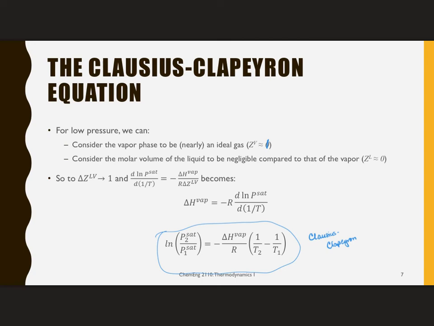I also did one other thing that I didn't mention as I did it: when I did this integration, I assumed that delta H vaporization was constant. So this is approximately constant, and Z_V is about 1, Z_L is close to 0. So those were the assumptions that went into this. Otherwise, I have to go back to the original Clapeyron equation.